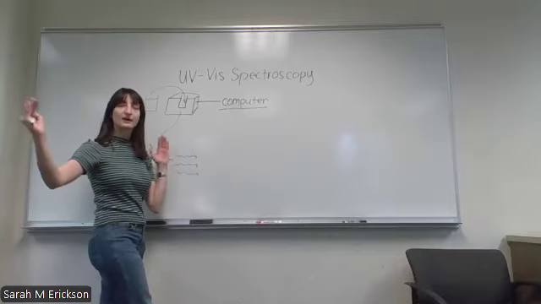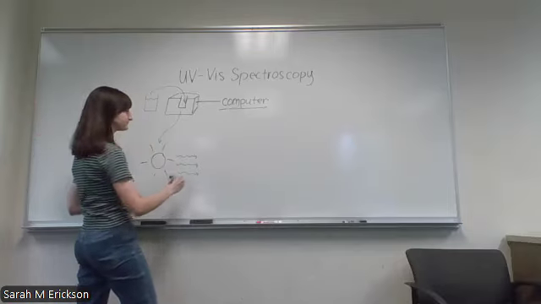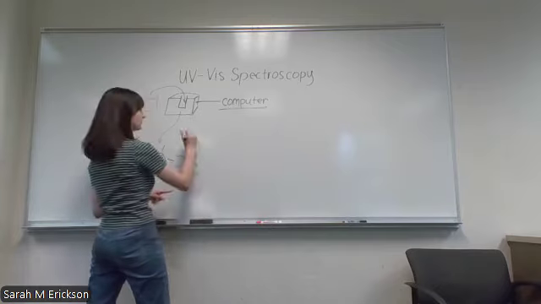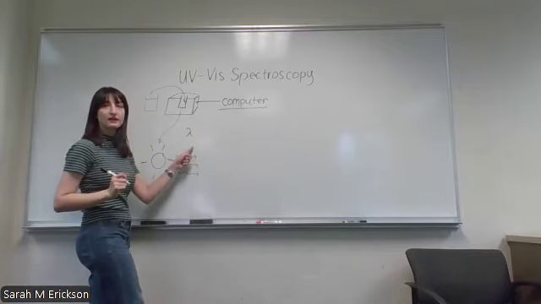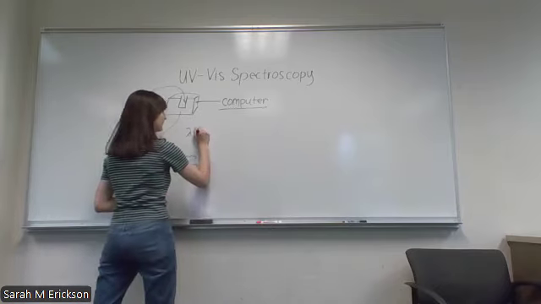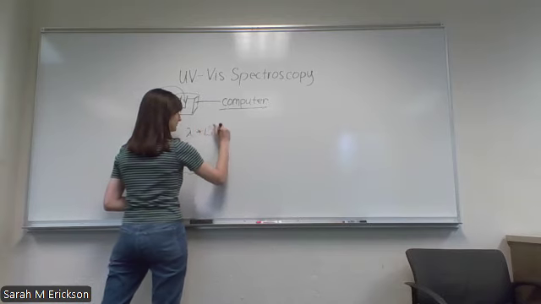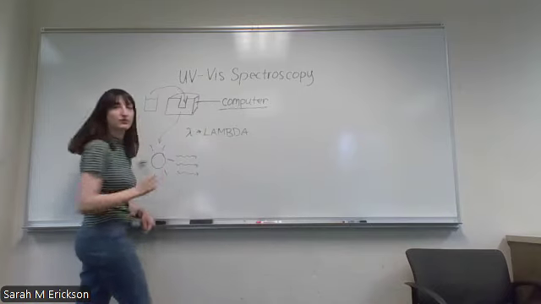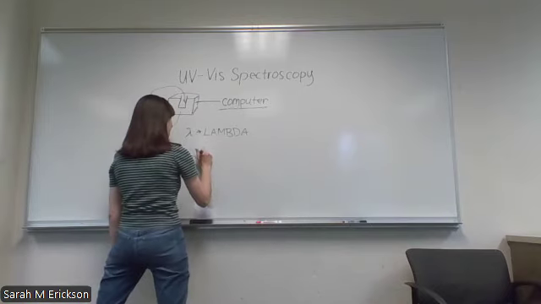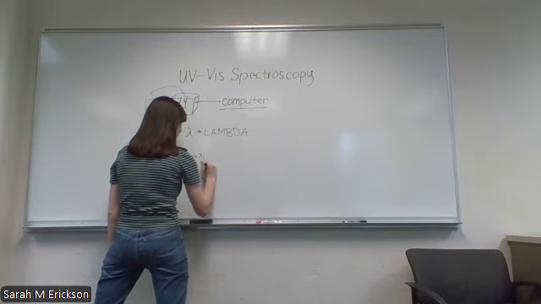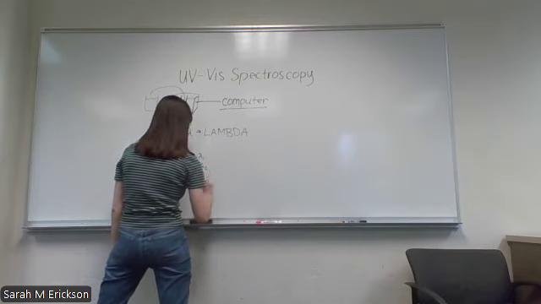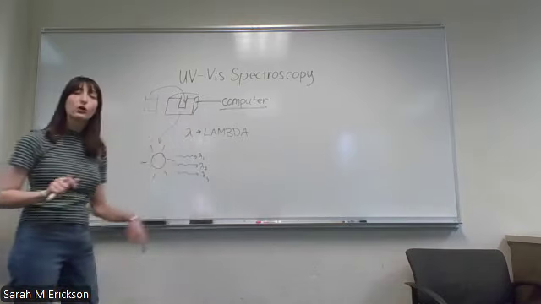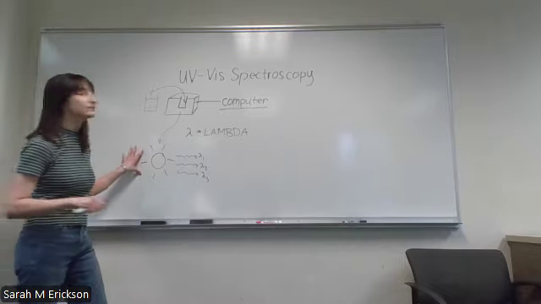If you look at your electromagnetic spectrum, that's where you get the rainbow from. So I'm going to use this Greek letter, kind of a funny squiggly looking thing. That's called a lambda. And we're going to use a lambda to represent wavelength. So maybe I have wavelength 1, wavelength 2, wavelength 3, and so on and so forth. So there's going to be a whole bunch of wavelengths coming out of this light.